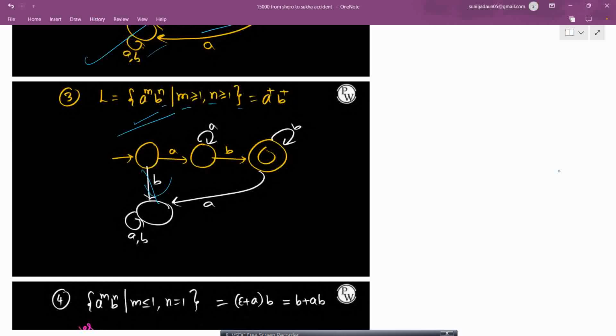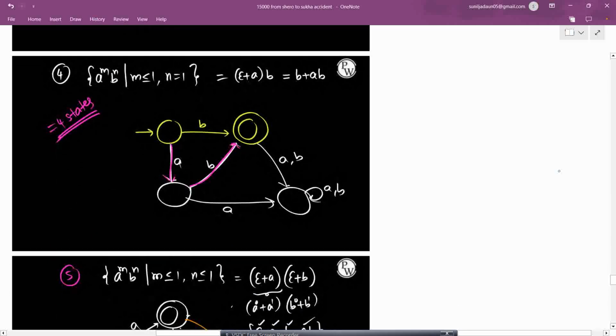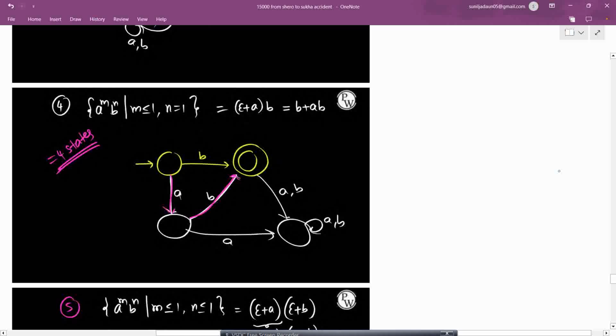How many states are required? a to the m, b to the n, m is less than equal to 1.